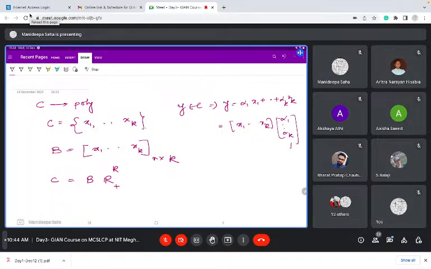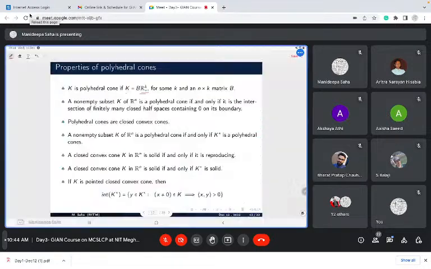Since all these are non-negative, this vector belongs to R^k plus. So y is in B times R^k plus. That's a very simple way to express the polyhedral cone.